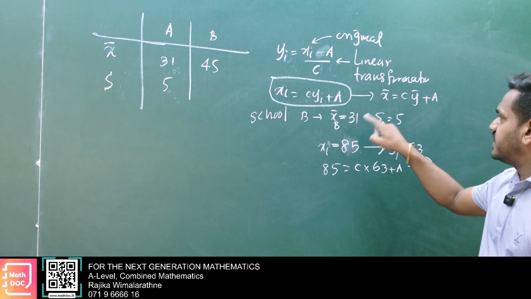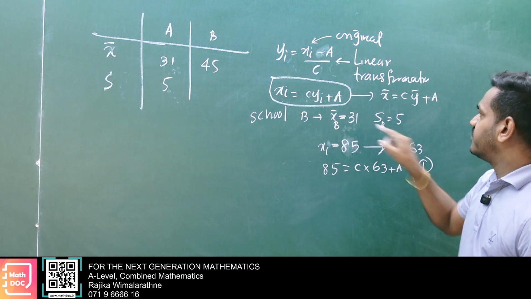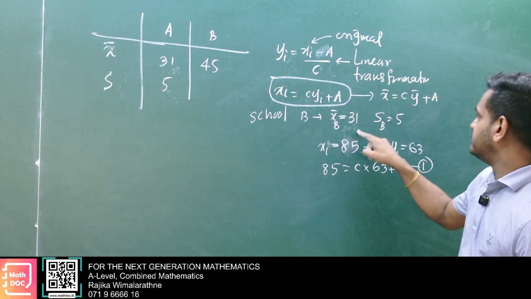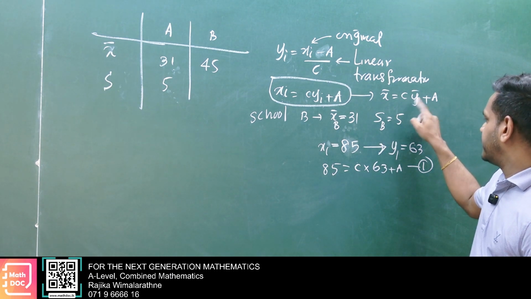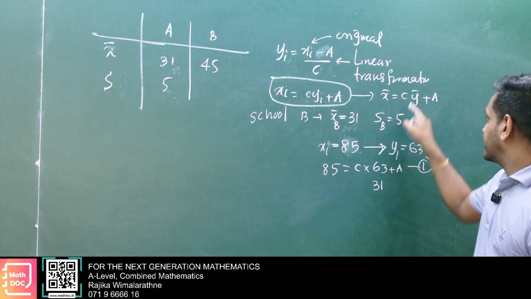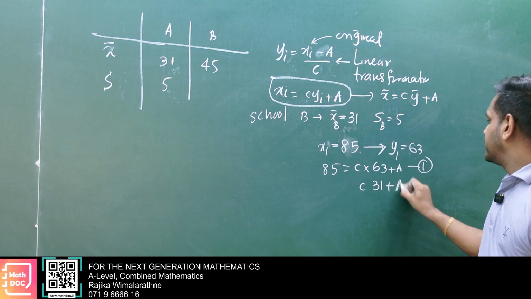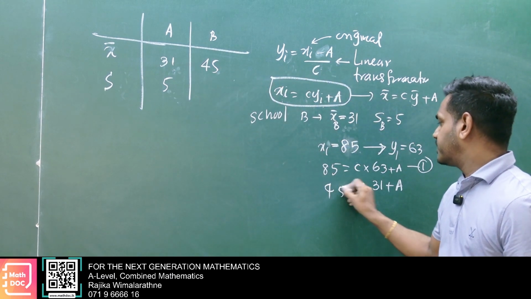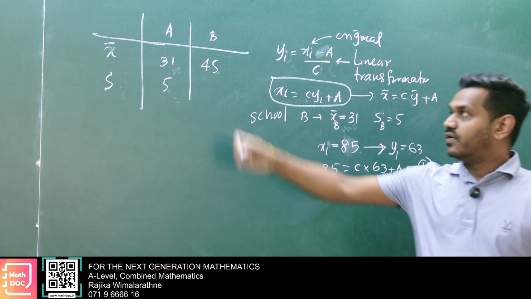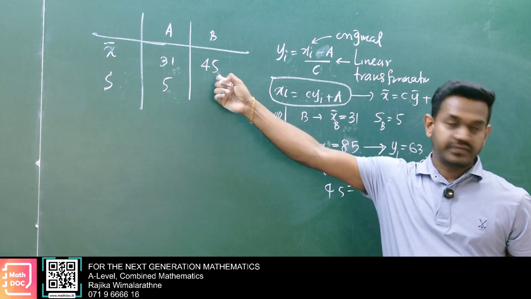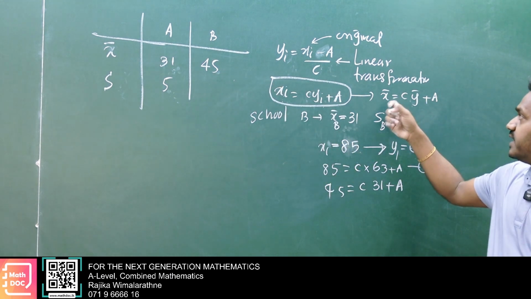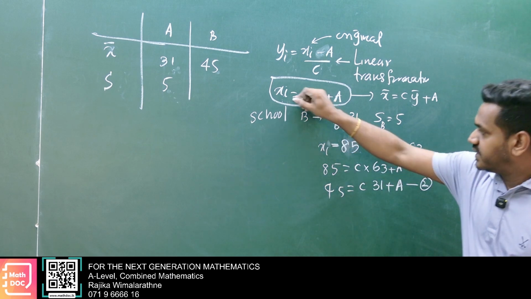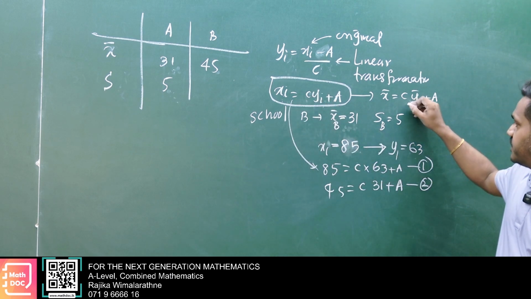Now the transformed mean is 31, so y bar is 31, giving 31c plus a. The original mean is 45, it is given. Then after transformation, x bar equals c y bar plus a. Here we get the second formula.